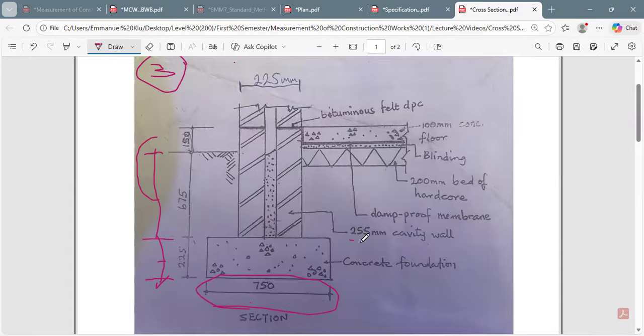All right. So the cavity wall you are seeing over here, it is having a thickness of, let me say, 255. Okay. It is having a thickness of, let's say, 255. And then the 255 cavity wall we are seeing over there, we have to multiply it by 4.